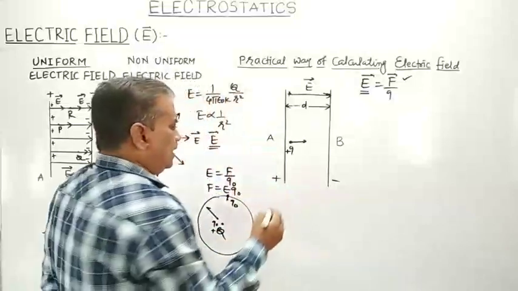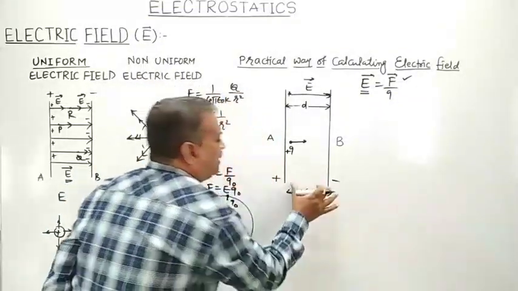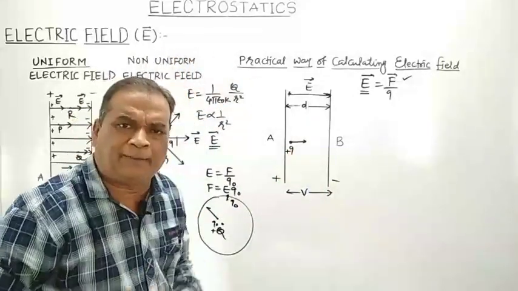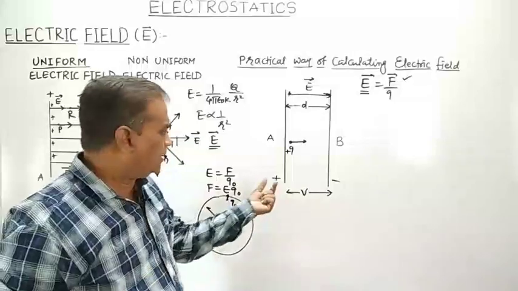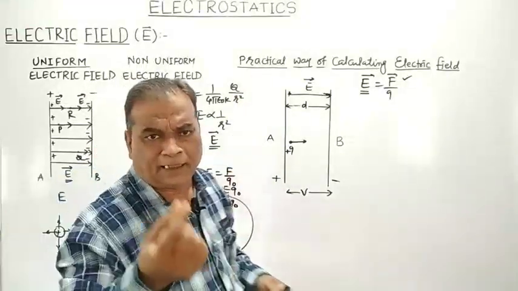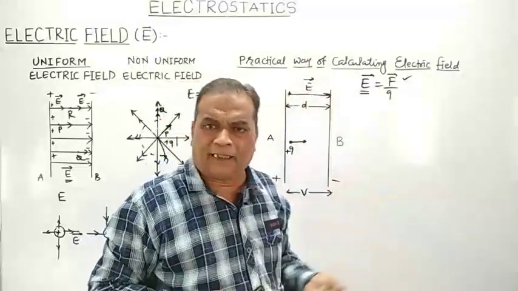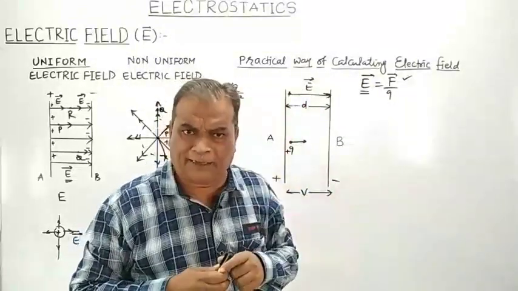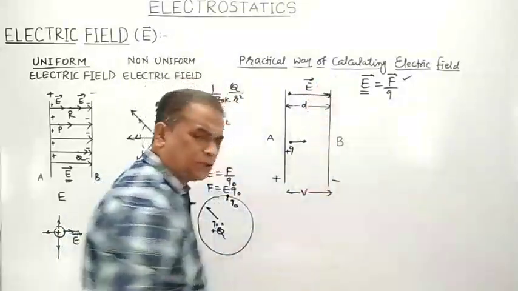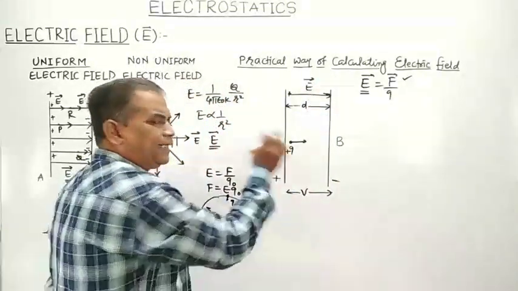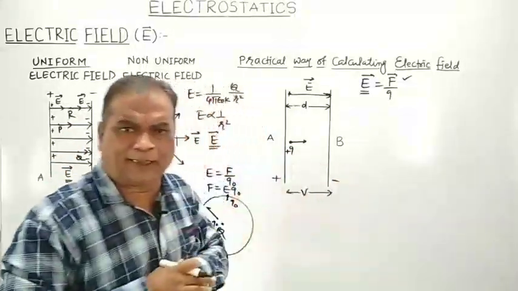If I say that V is the potential difference applied between the two parallel metallic plates which are positively and negatively charged, because this plate is at positive potential, it has some potential. Plate B is given negative charges, means it has some potential. If I say that V1 is the potential of A and V2 is the potential of B, then V1 minus V2 equals V, the potential difference between the two plates.